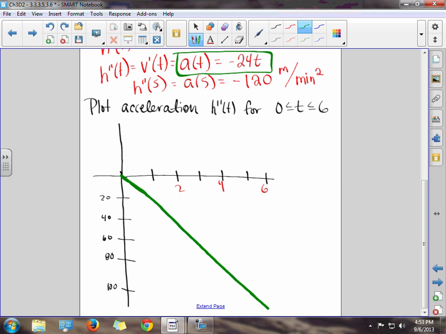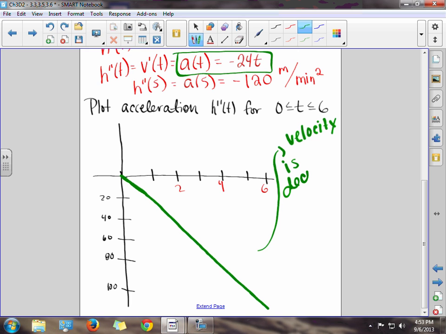And then what could we say about whether or not the acceleration is increasing or decreasing? Or I guess whether or not the velocity is increasing or decreasing. So we could say that our velocity is decreasing.